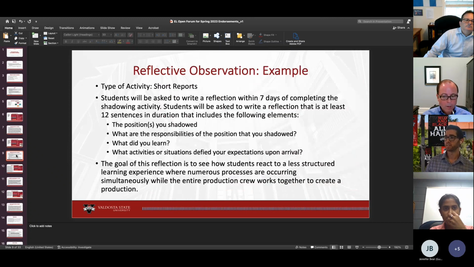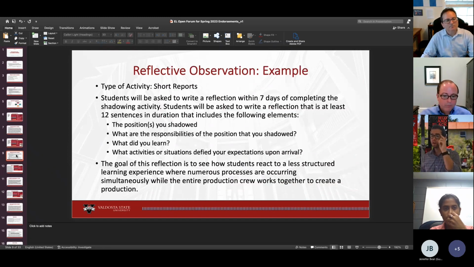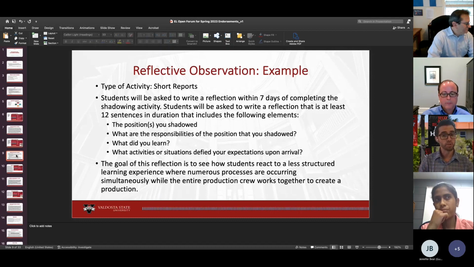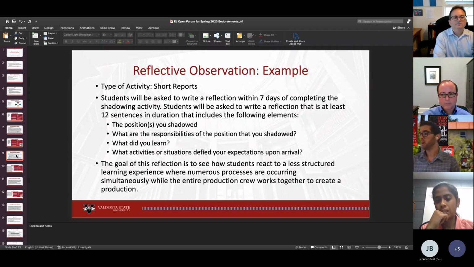In this example, to build on it, I asked students within 7 days to complete a guided written reflection. Part of that timing is that I don't want the students to forget what they felt and experienced, but they've seen these guided prompts before the guided observation occurs, so they know what's expected of them.